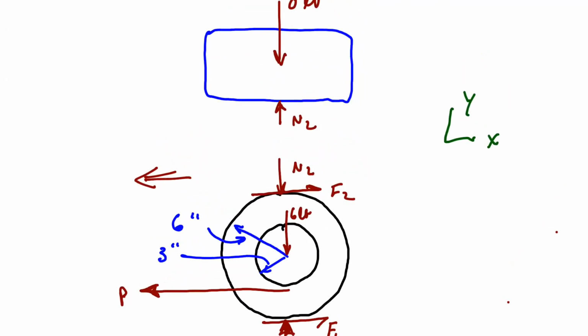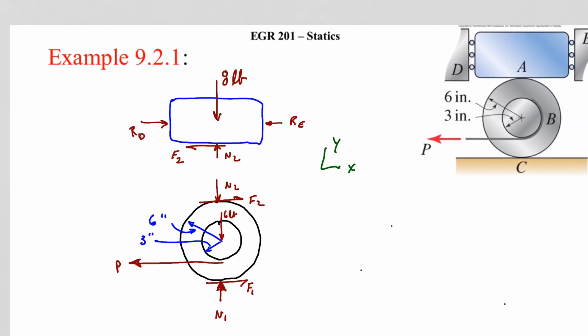Remember, though, on our other block, it's equal and opposite, so this would be F2 also. And last, we have some reaction forces due to the rollers on the side. This is R sub E, we will call this, and then the other one we'll call R sub D, based off of the parts on the original drawing.